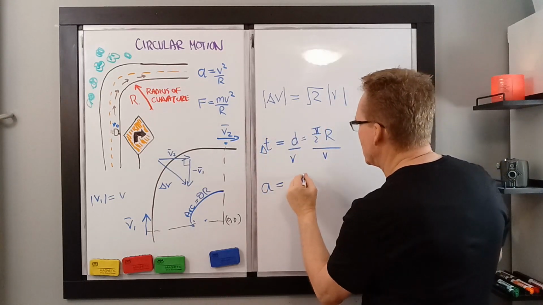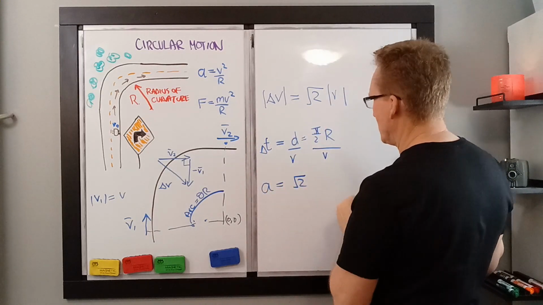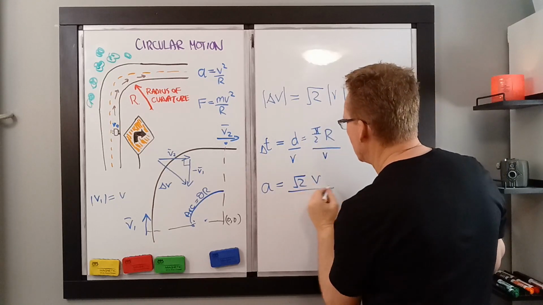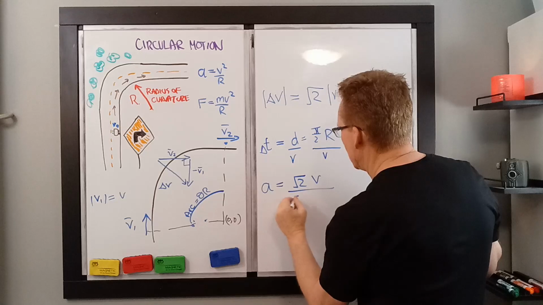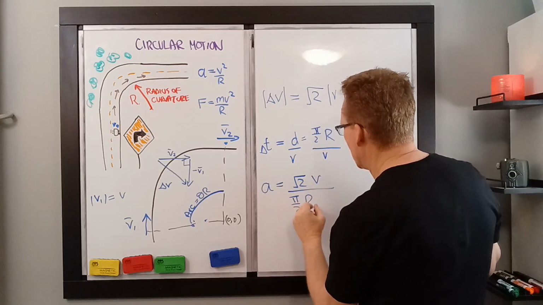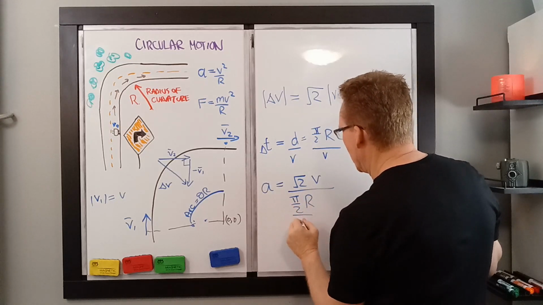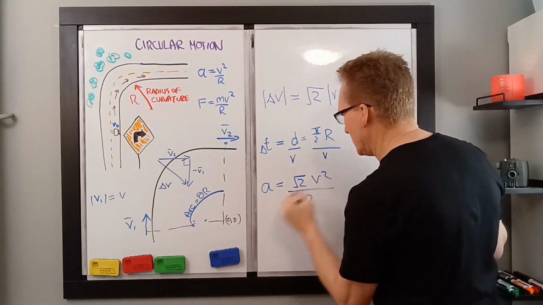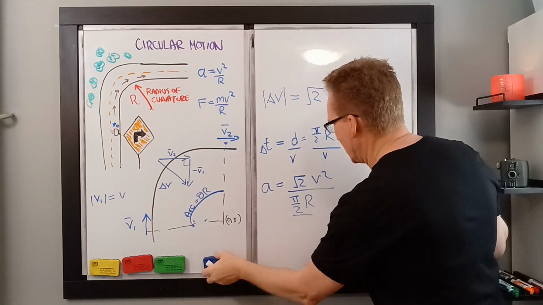So it's going to be root 2 times v divided by pi over 2 r over v. This v now can go over here. We have v squared, like that.